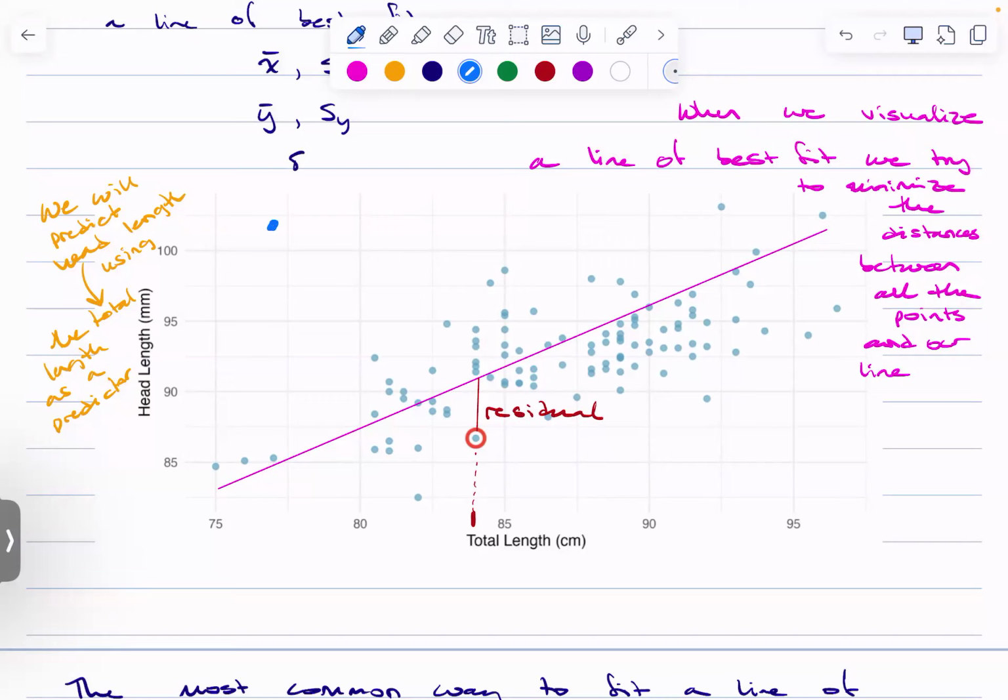What do you think would happen to the line? Uh-oh. It would do its best to figure out how to capture that residual. That's why outliers can be a problem. I'm going to erase this because we'll talk about outliers later, but in terms of the residual, that large residual would be amplified by squaring it.